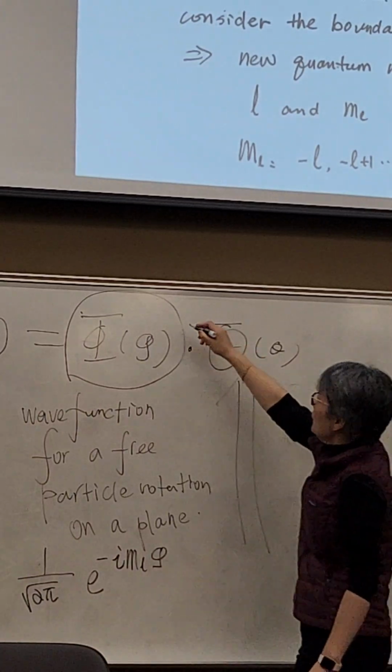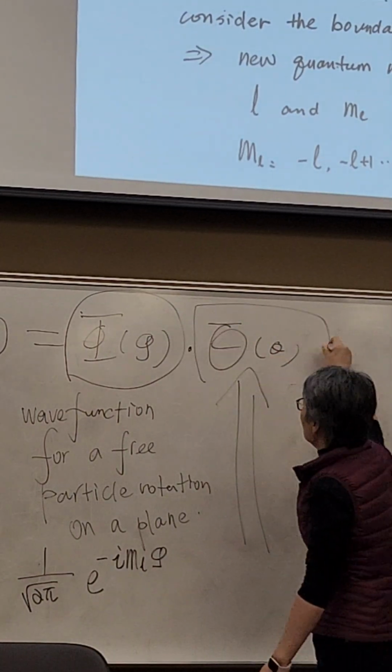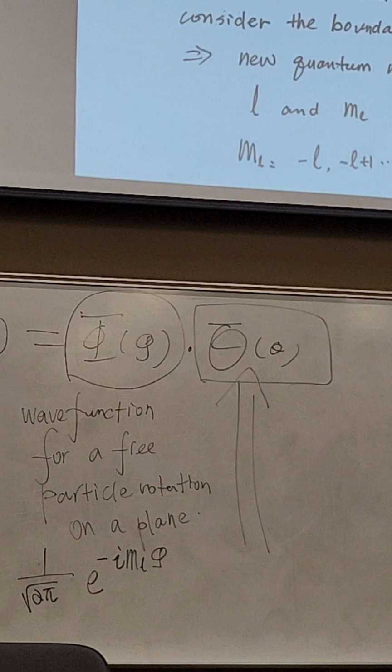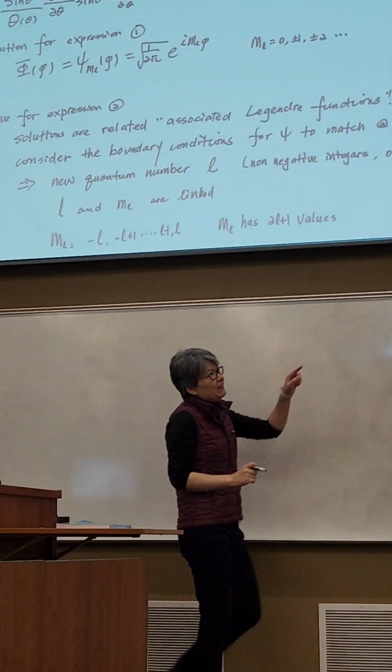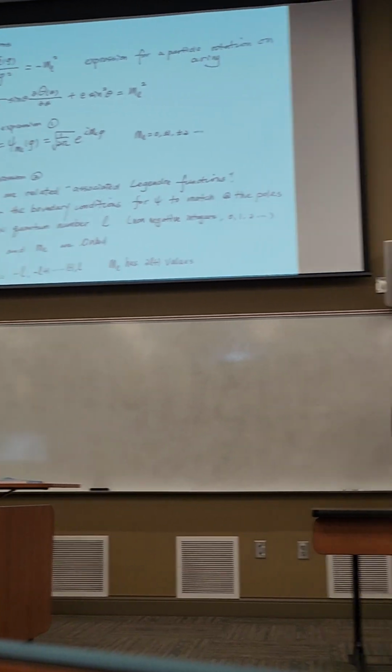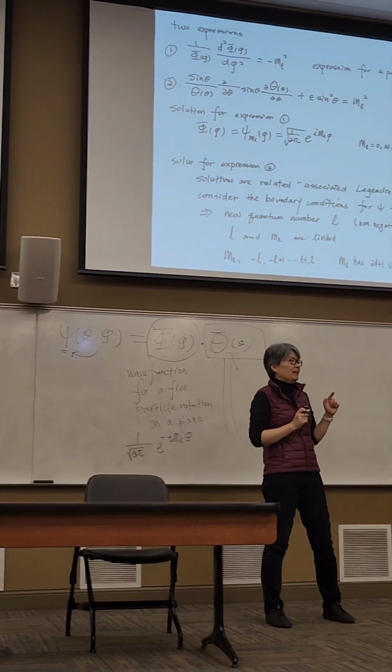Now, the theta function here is linked to the m sub l from the rotation on the plane. Because if you look at equation number 2, you have the m sub l quantum number indicated in that expression.